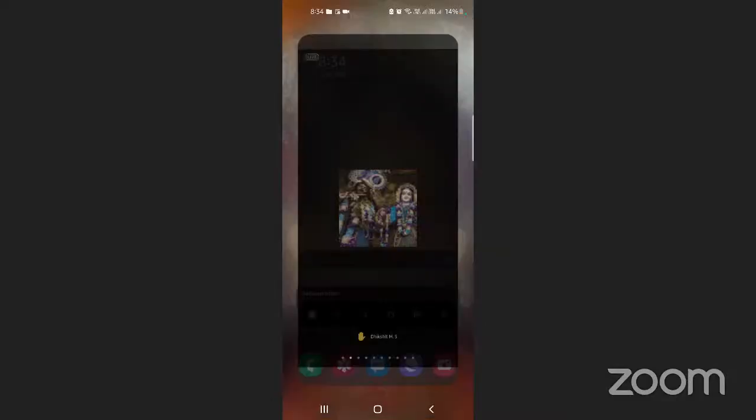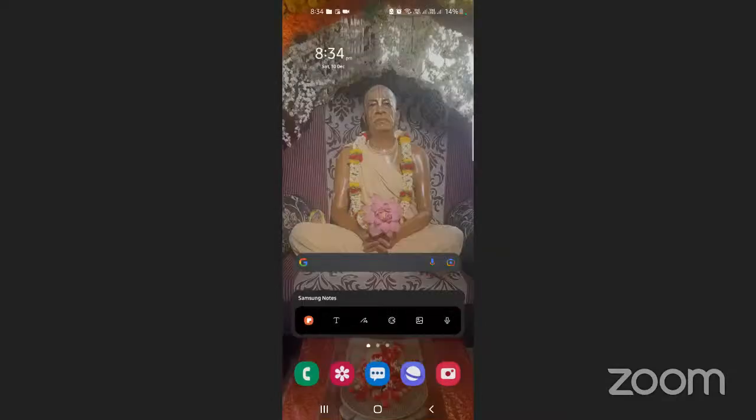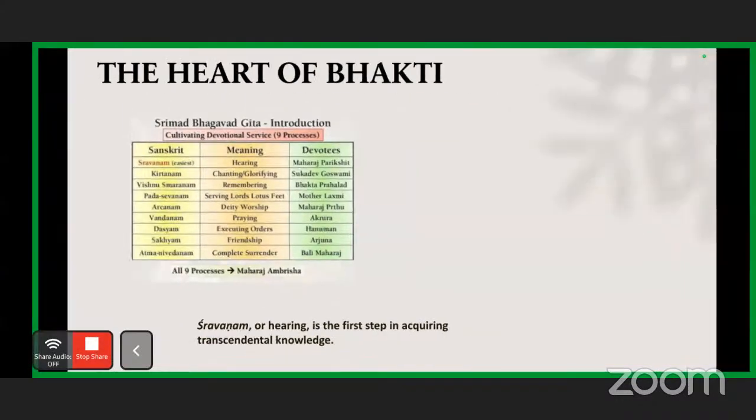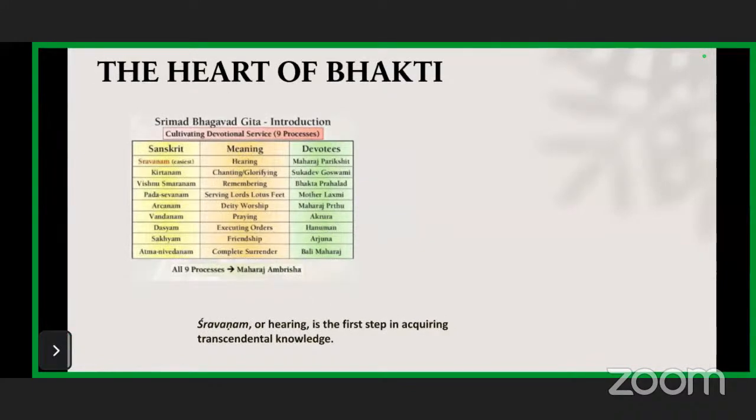And who is the best example for Kirtanam? Shukadeva Goswami, yes, because he spoke for 7 days continuously about Srimad Bhagavatam, Kirtana.